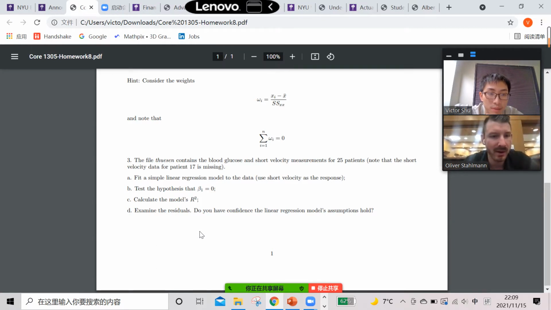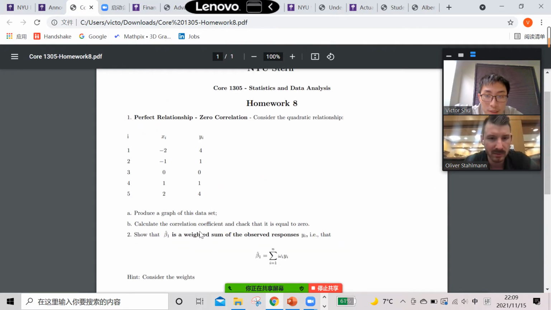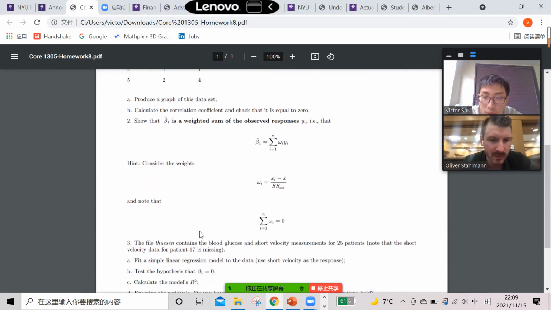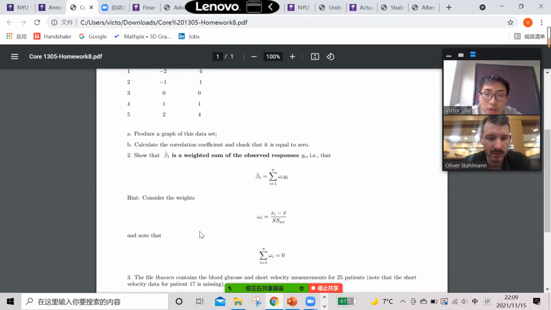I calculated R by hand. What do you mean you calculated the R? The correlation coefficient. There are 2 things. First is capital R squared, another one is the little r.